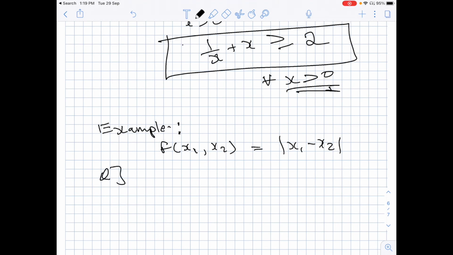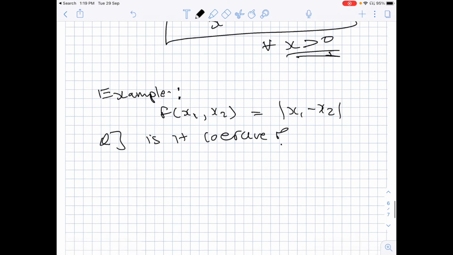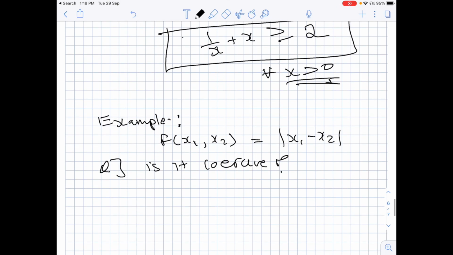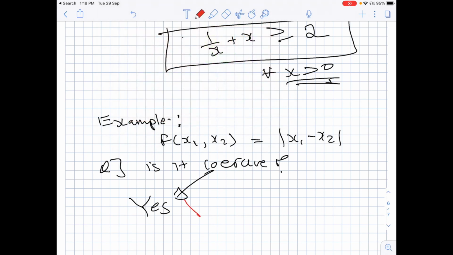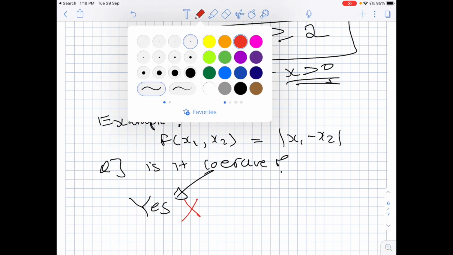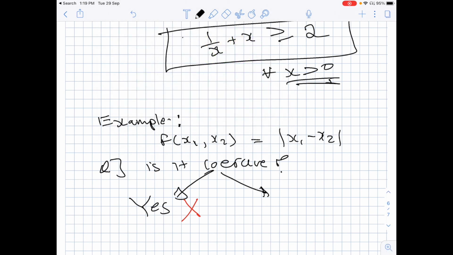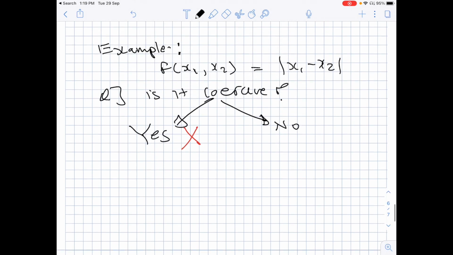My question is, is it coercive? Many of you may be tempted to say yes, but that is a wrong answer. This is not coercive.